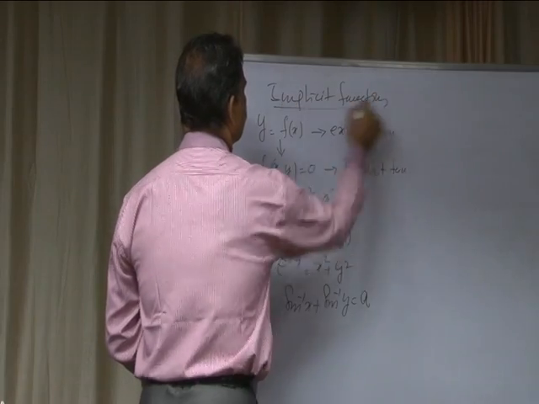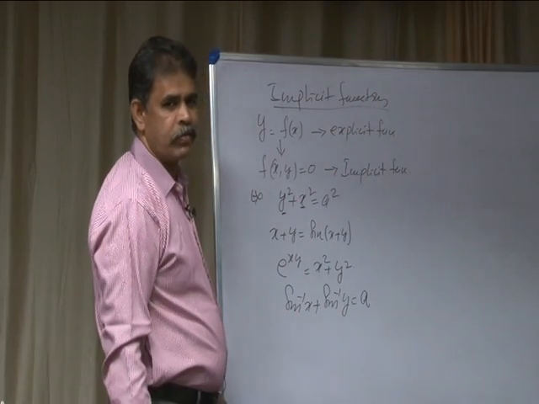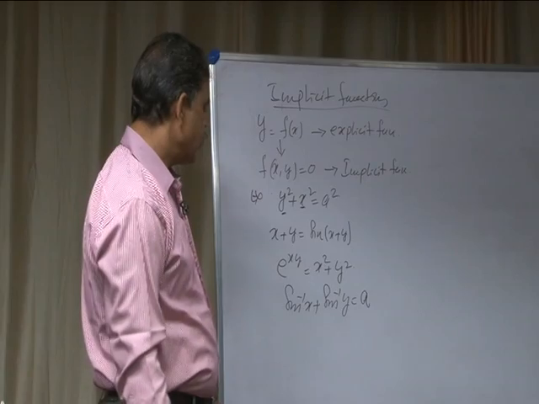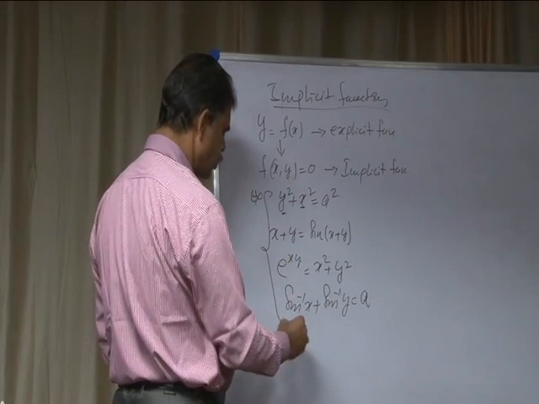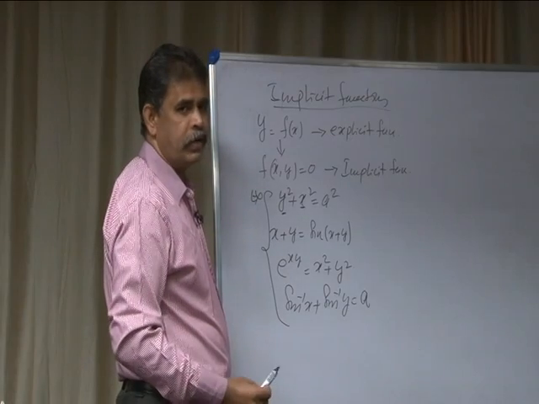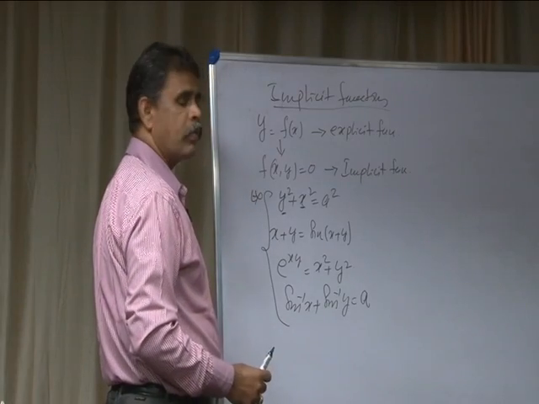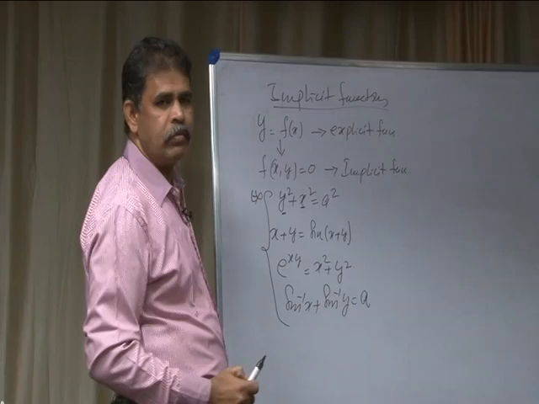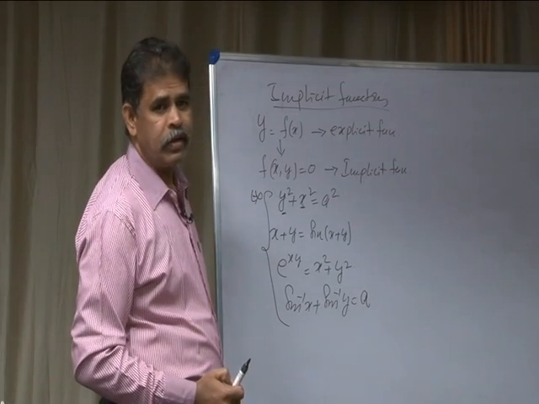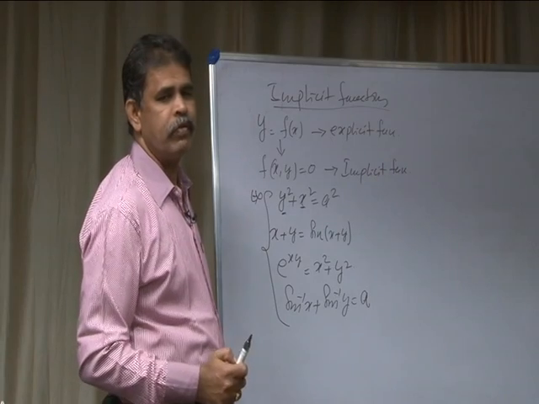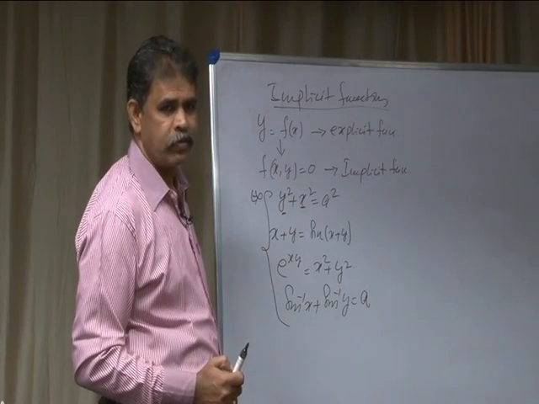How to get the derivative of an implicit function, that is important here. Any implicit function includes both x terms as well as y terms, and we have to differentiate both. How to differentiate a y term? If it is y, we write dy by dx, correct.